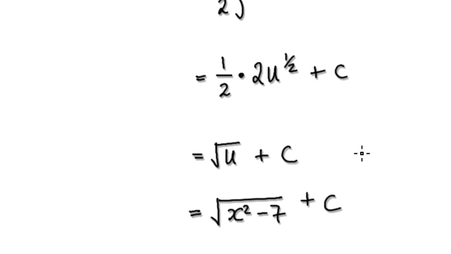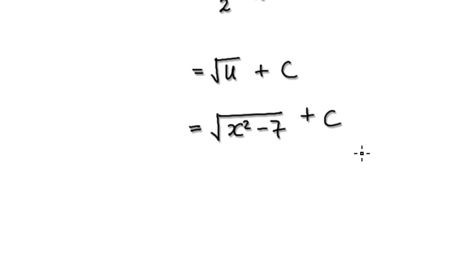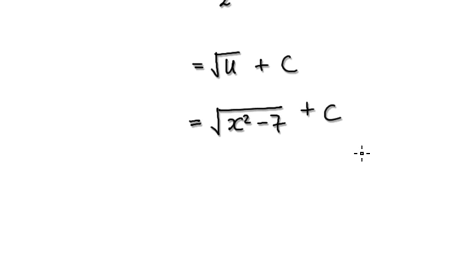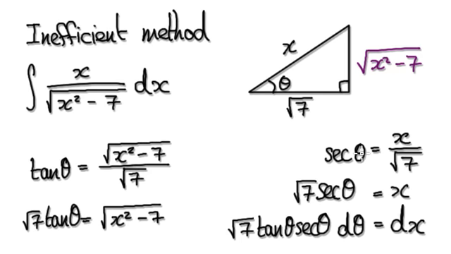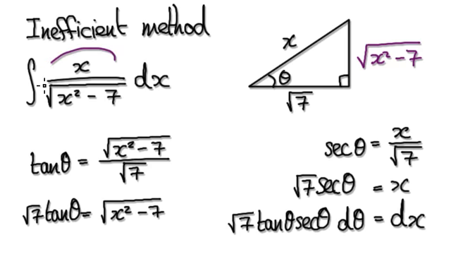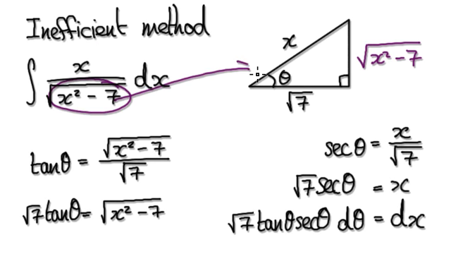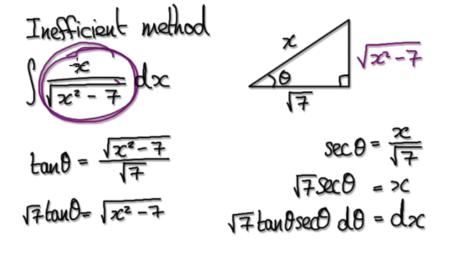So just to prove to you that trigonometric substitution will still work, I'm now going to show you an inefficient way of doing it. So we were trying to integrate this.